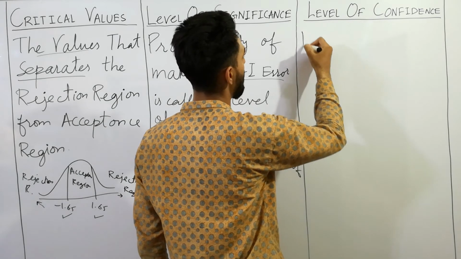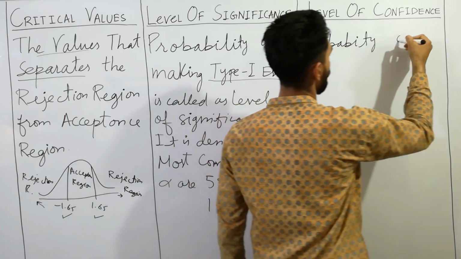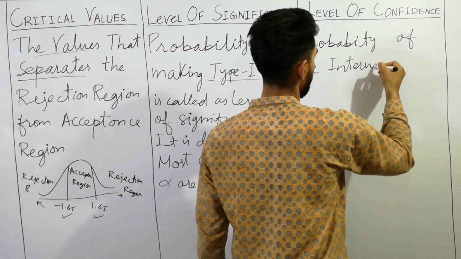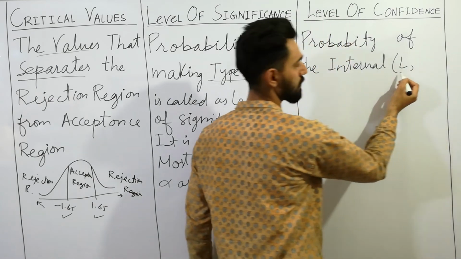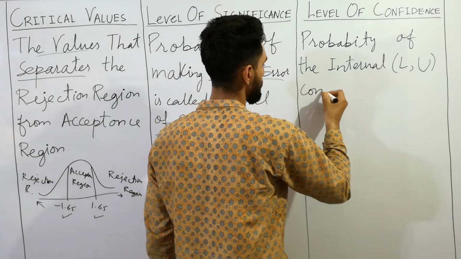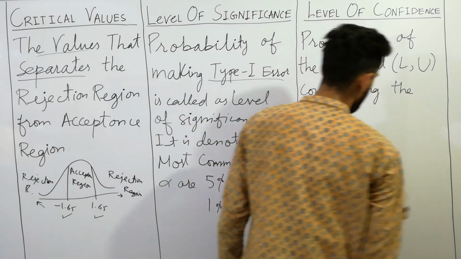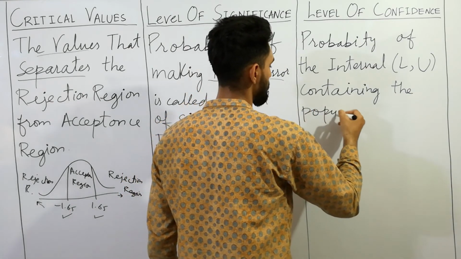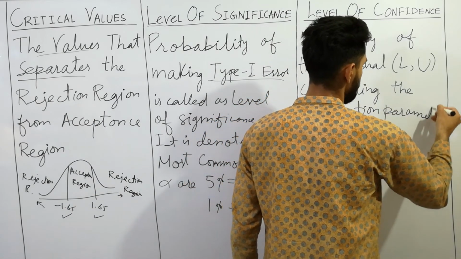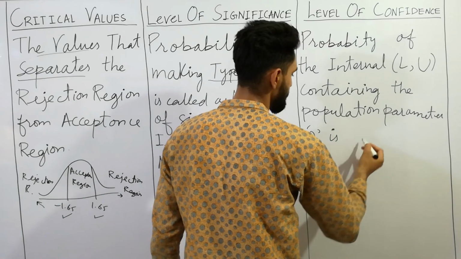A very easy definition: the probability of the interval, where L shows lower and U shows upper, containing the population parameter theta is 1 minus alpha.